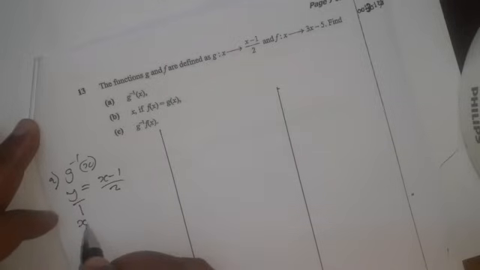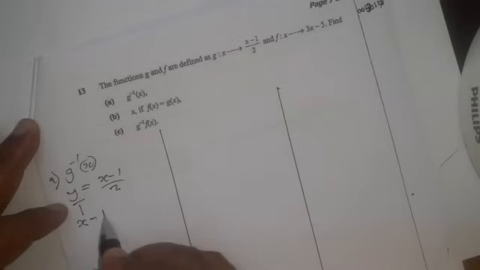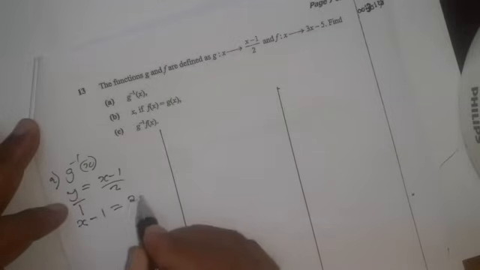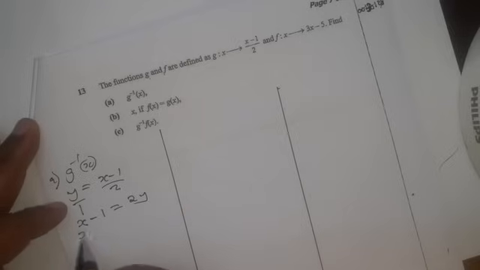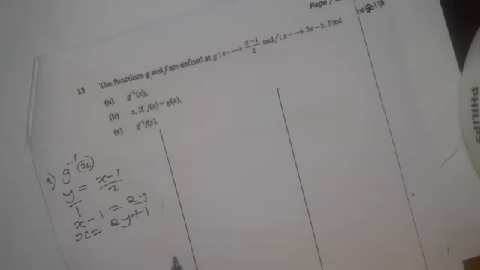You can multiply by, or if you want, you can say over 1. You cross multiply. This is x minus 1 is equal to 2y. So x is equal to 2y plus 1 when you take this on the other side. Okay. Alright? This is what we are supposed to have.